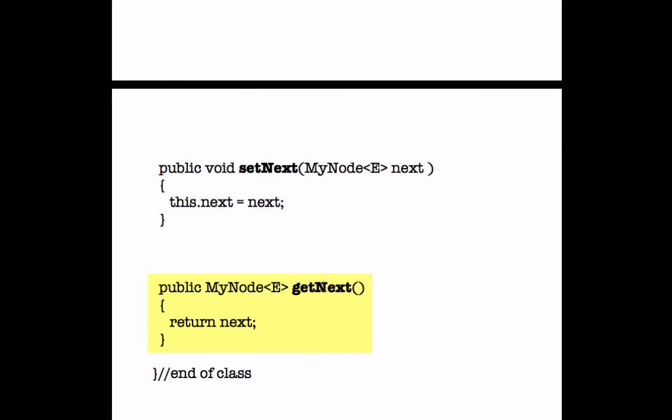And finally, I have a method that allows me to retrieve the value of my reference called next, and I simply need to say return next. Remember, this is going to return two possible things: an address that refers to an object, hopefully the object that follows the one that we are talking about, or it's going to be null, indicating that there is no node after that.